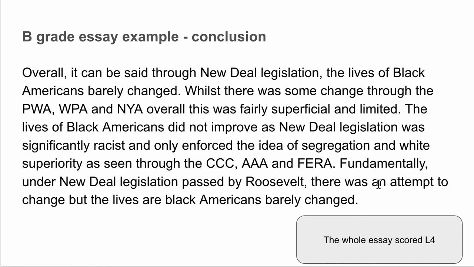The lives of Black Americans did not improve. Some New Deal legislation was racist. Fundamentally, there's an intent to change the lives of Black Americans, but the lives barely change. So we get an answer to the question and we get some kind of justification.